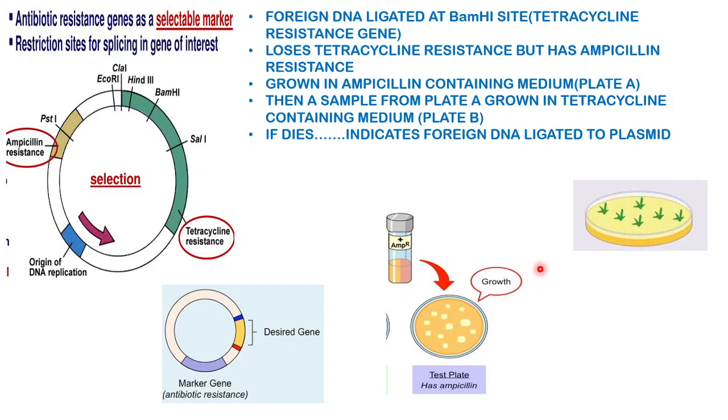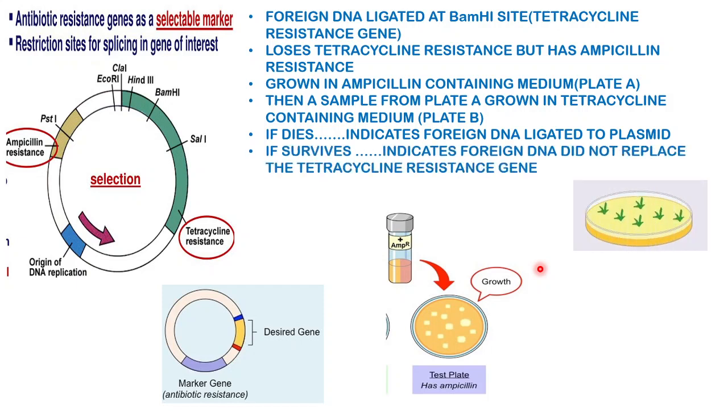But if they survive, as you can see here, what does that mean? They are surviving because they are getting protection against tetracycline. When will they get protection against tetracycline? If this gene is still intact. And if this gene is still intact, it means our desired gene was never joined to the plasmid.